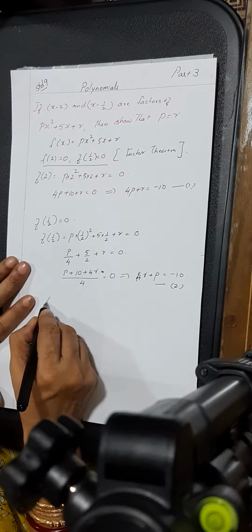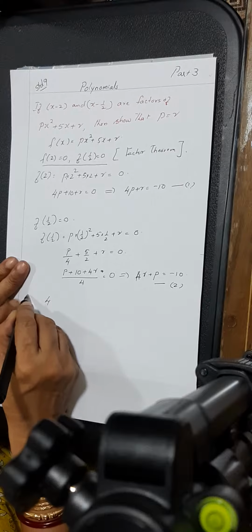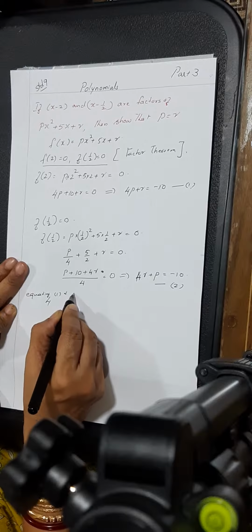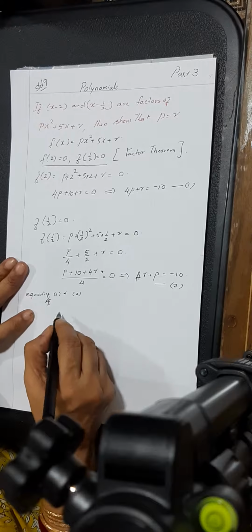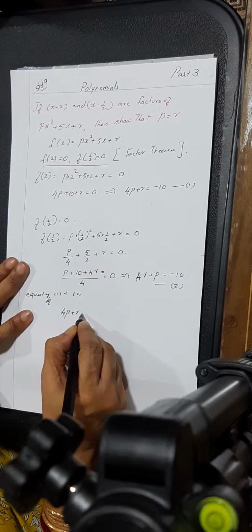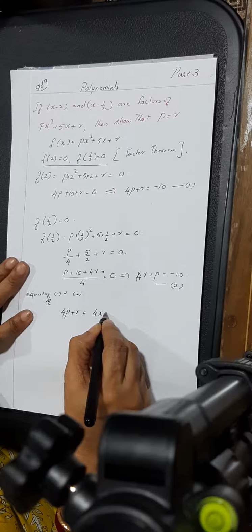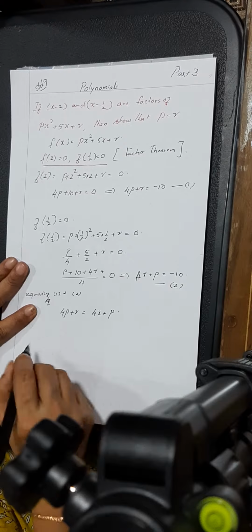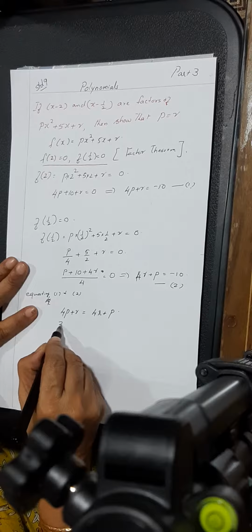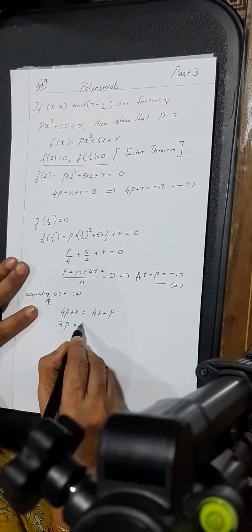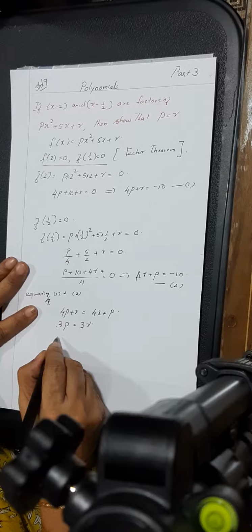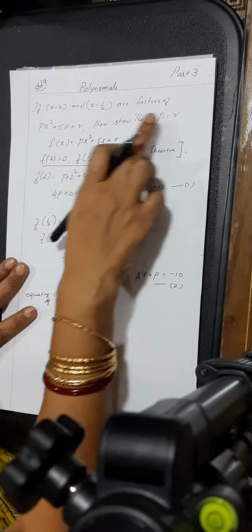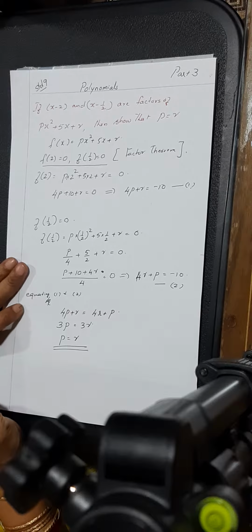So we can equate it, equating equation 1 and 2, we get 4p plus r is equal to 4r plus p. So we can write this 3p is equal to 3r. So p is equal to r. So that is what we have to find. Show that p equal to r.